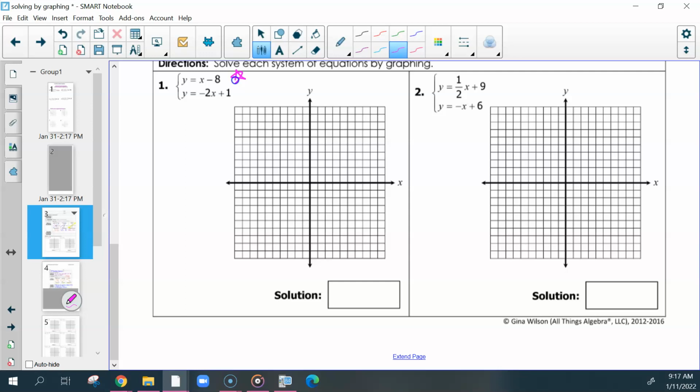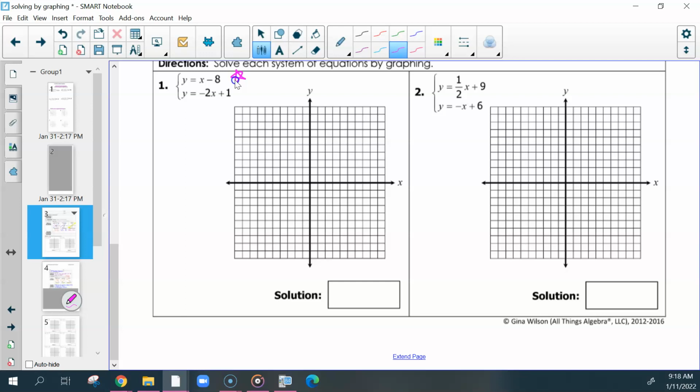No, they don't have the same slope, so I can eliminate no solution as one of my answers. Would these be the exact same line? No, they don't have the same slope, they don't have the same y-intercept, so infinitely many solutions could not be an answer. So this has to be one solution. We just don't know what that solution is, so we have to find it.